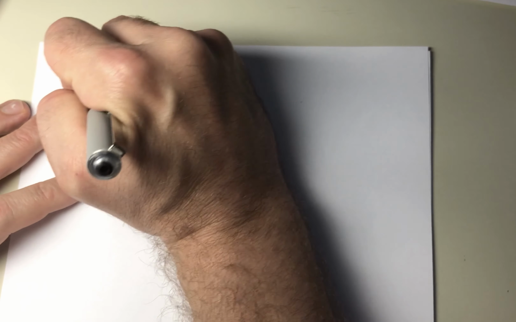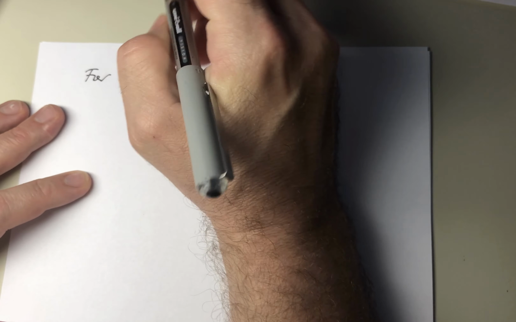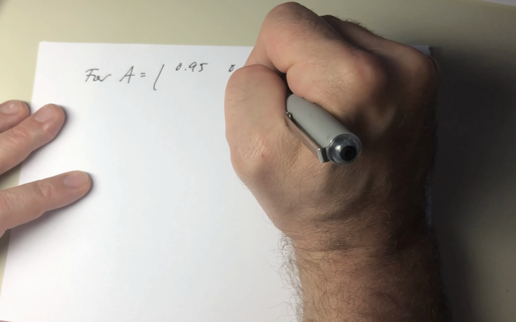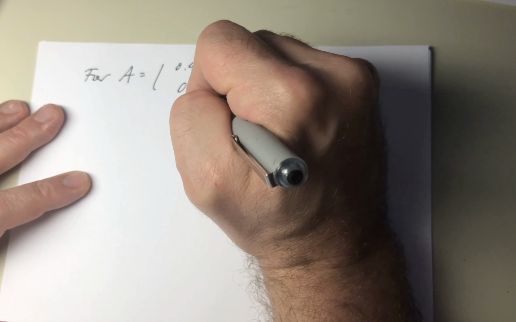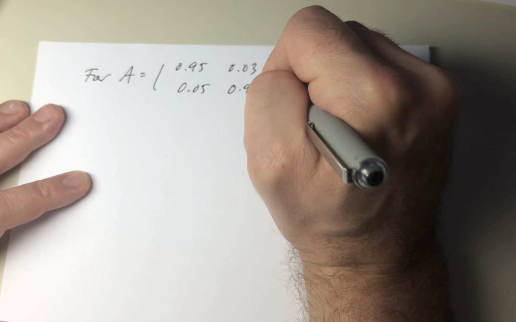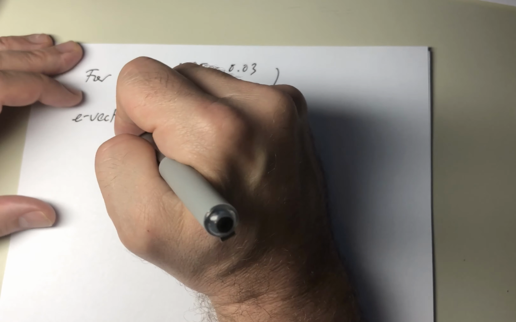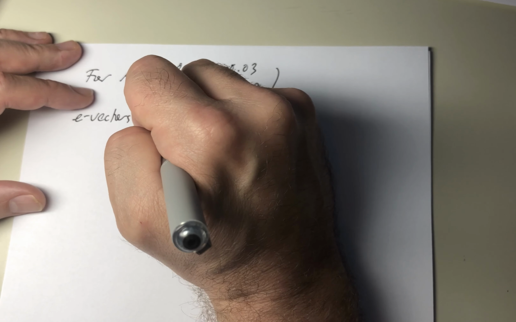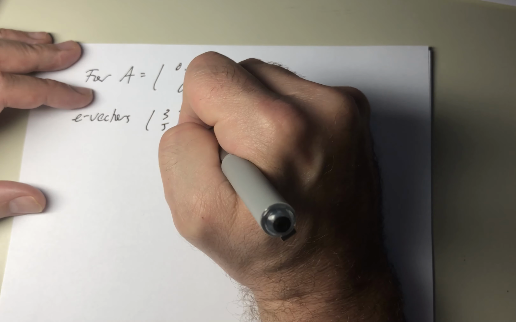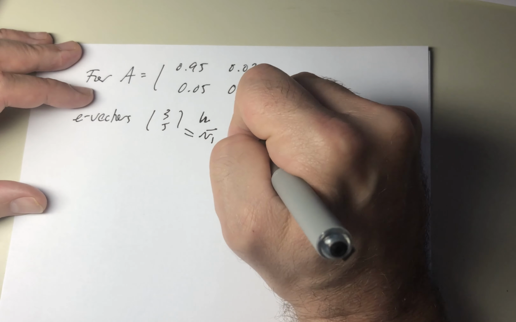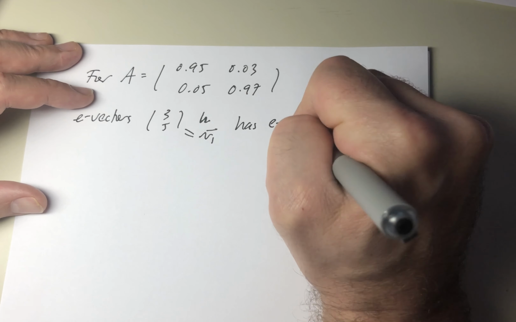So let me just tell you, for A equals [0.95, 0.03; 0.05, 0.97], we have eigenvectors. I'll just tell you there's an eigenvector (3, 5) that, let me call this V1, has eigenvalue 1.